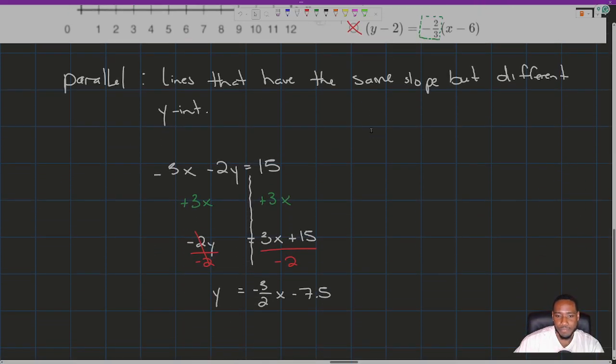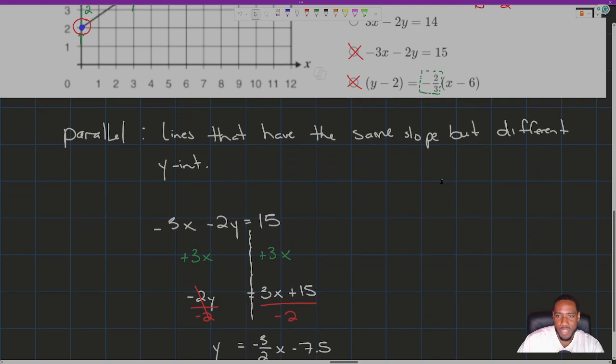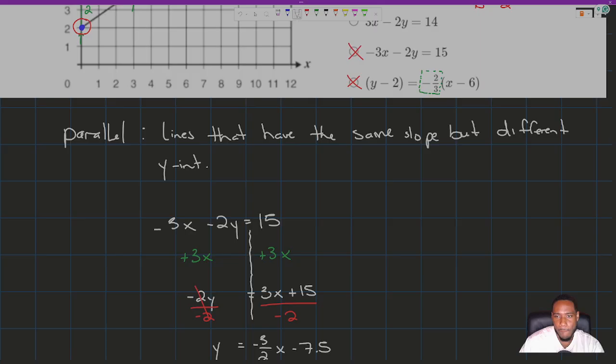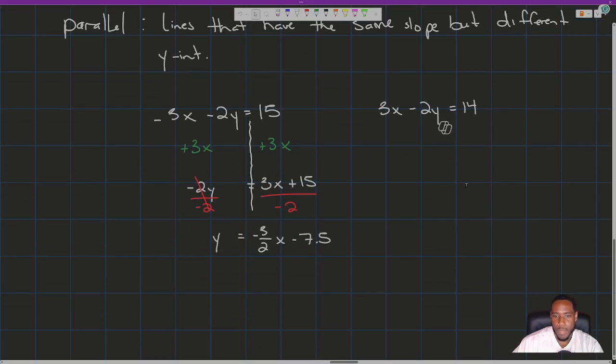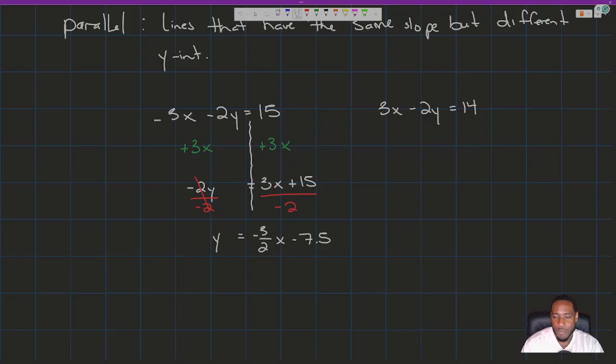We'll go to B. 3x minus 2y equals 14. We will do the same thing. We'll solve for y to turn this into its slope-intercept form. But this time, because it's non-negative, we're going to subtract it. We get negative 2y is equal to negative 3x plus 14. We're going to go ahead and divide everything by negative 2.